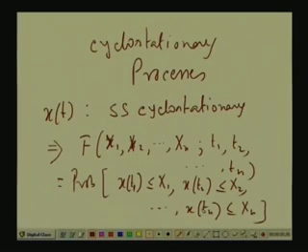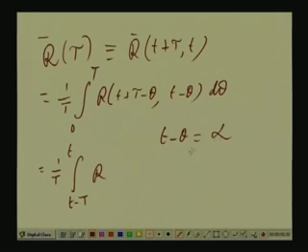That is purely up to you. Because d theta is minus d alpha, the minus sign comes and the two integral limits are interchanged. So the minus sign goes, and this is your alpha plus tau comma alpha. From this again it is obvious, because the entire thing is periodic over alpha with period capital T. Still, if you are not convinced, you can break the integral into two halves.